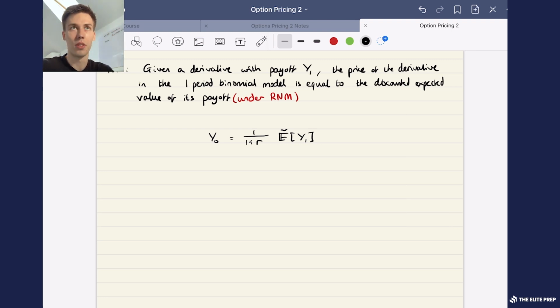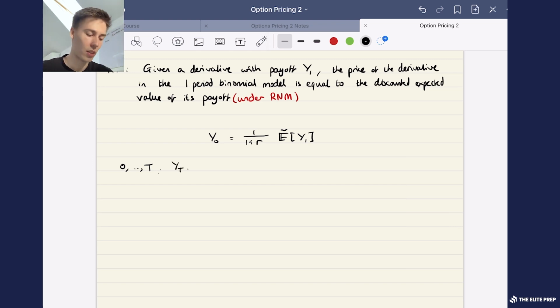The general case is that we have a derivative and a multiple stage process with multiple times. So rather than just having time 0 and time 1, we have times 0 through to time T, and we want to price a derivative which has a payoff of Y_T.